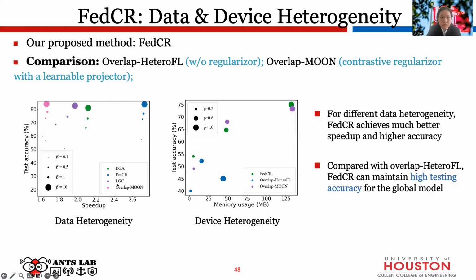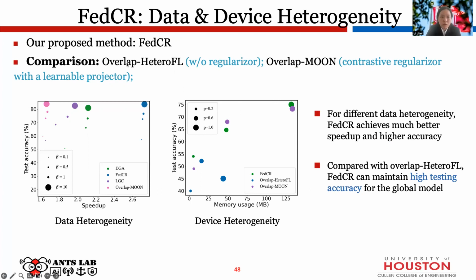And since all these other peer schemes cannot support subnetwork training, we further compare with another baseline called HeteroFL, which also supports subnetwork training, but they only perform in the synchronized conventional way.